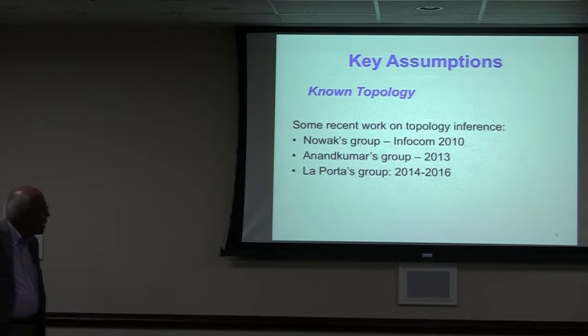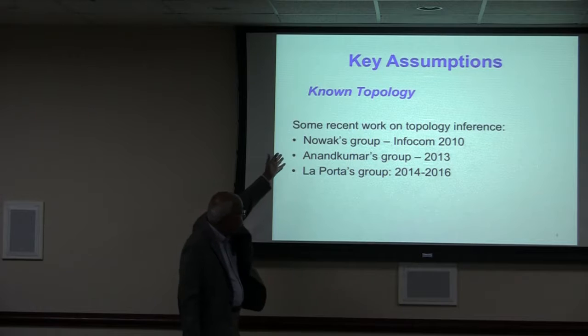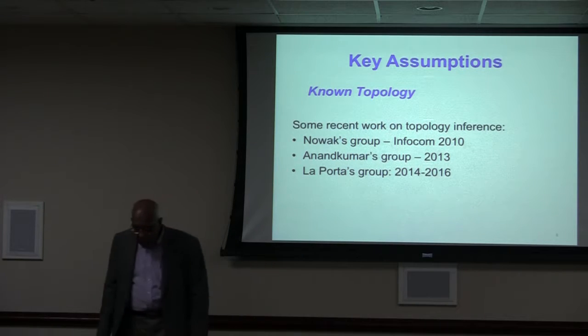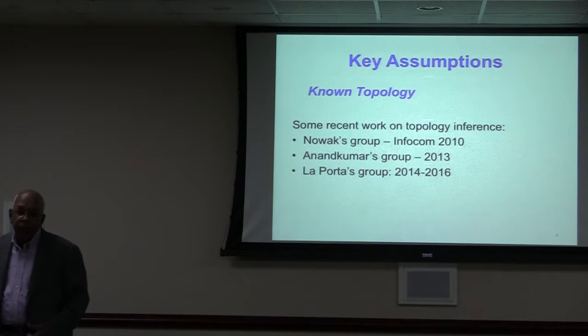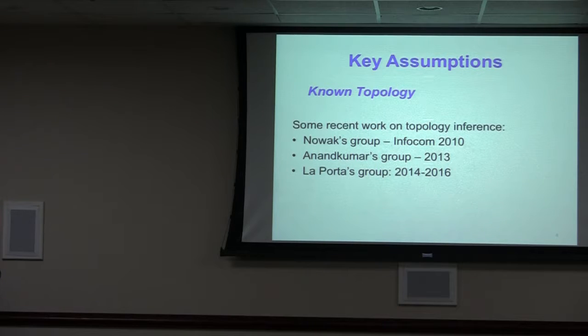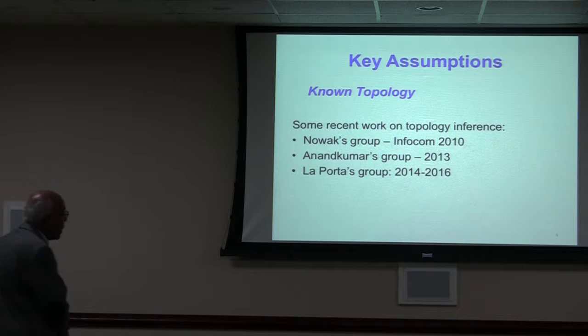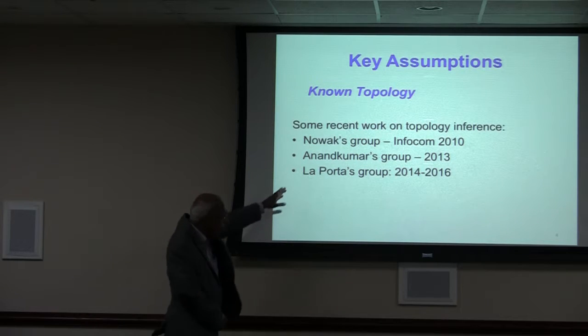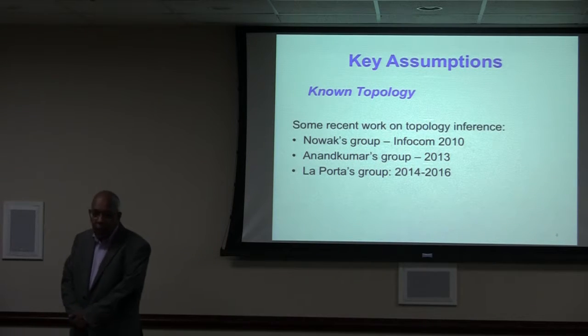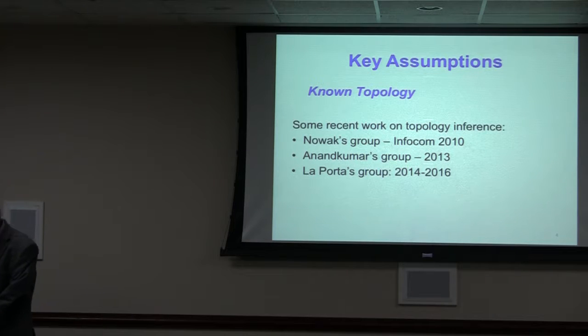There is other work, for example Novak's group, and Anima had some recent work, which assumes the graphs are sparse, have some structure, and from that is able to infer topology. With JITR funding, we had some work with Tom Laporta, again on trying to infer topology, but I'm not going to talk about that today. I'm going to assume that I know the topology, and I'm trying to figure out some properties of the links and nodes: up or down, some delay and so on.